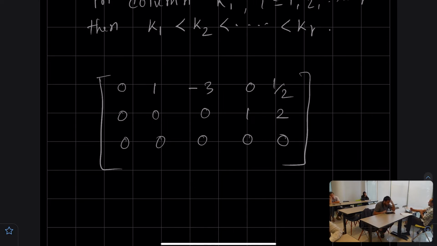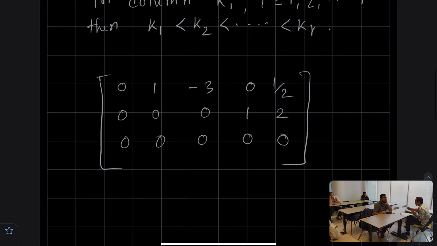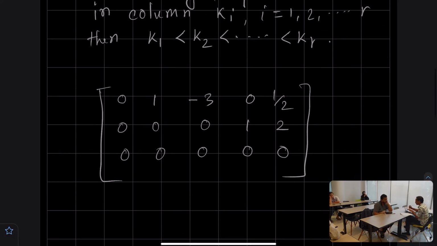For a row reduced matrix, in every non-zero row, the first non-zero element in that row has to be 1. That is the leading one, right? And in the column where the leading one occurs, all other entries of that column have to be 0.